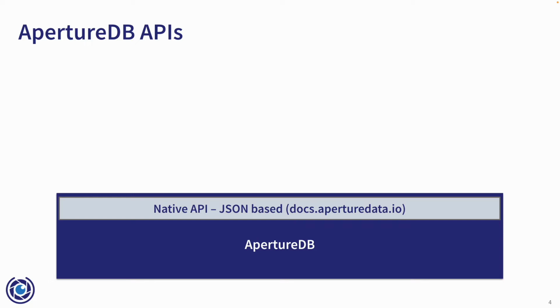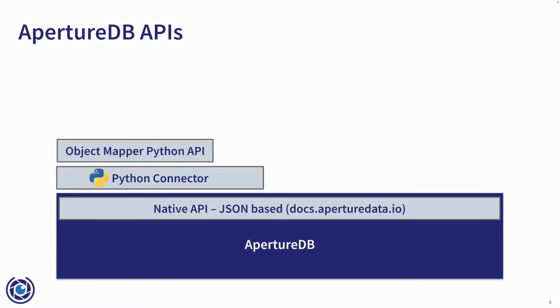This native API is a query language that allows you to retrieve and interact with all the pieces of information that are on the ApertureDB instance. We have a set of connectors that allow you to create a connection to an ApertureDB instance and start running queries.